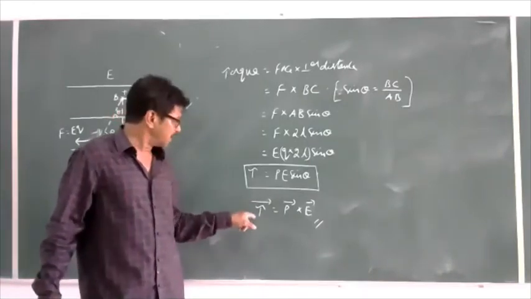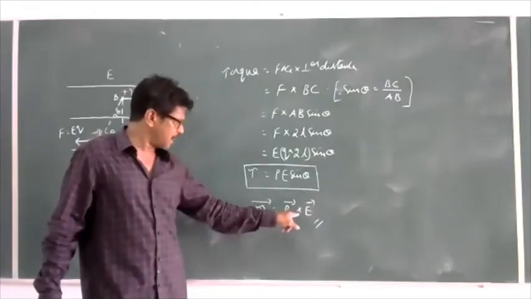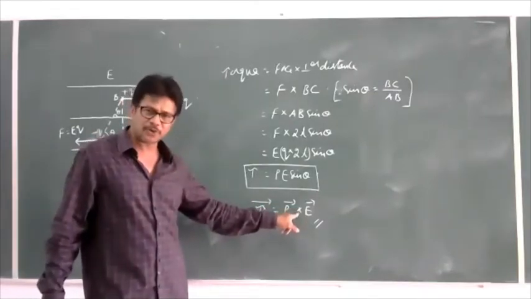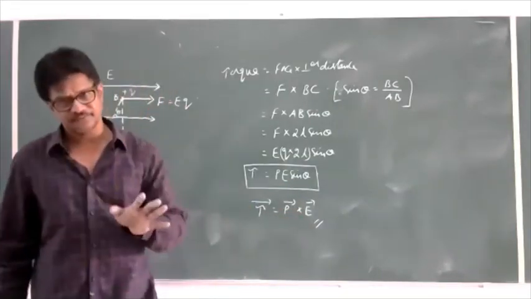Then what is the direction of the torque? The direction of the torque is the same as the direction of the cross product. What is the direction of the cross product?